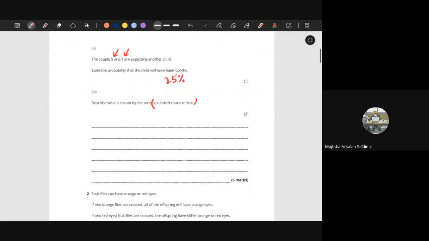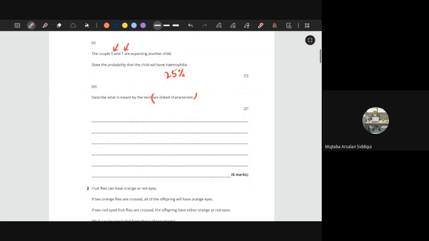What is meant by sex linked characteristic? It is a gene located on the sex chromosomes, right? That's one mark. What is the other mark?